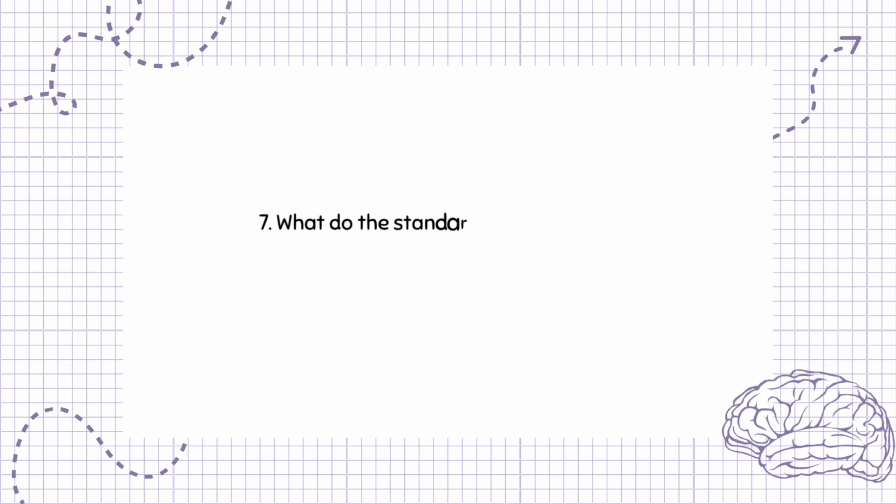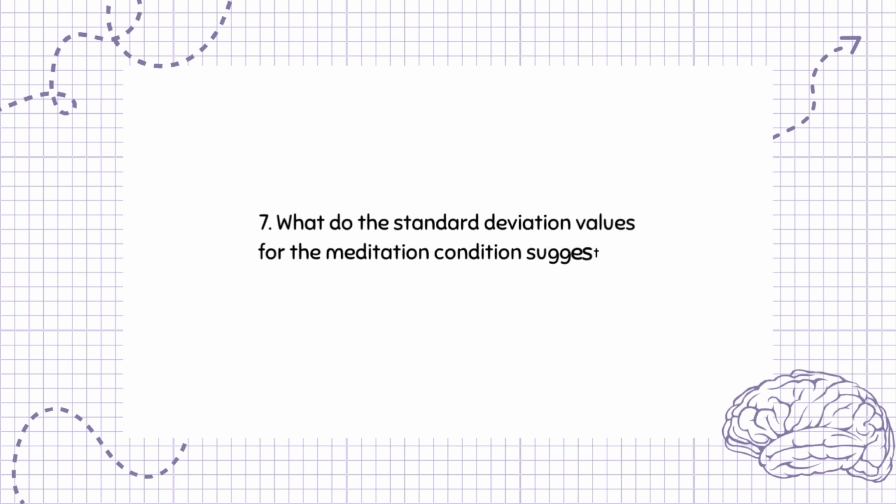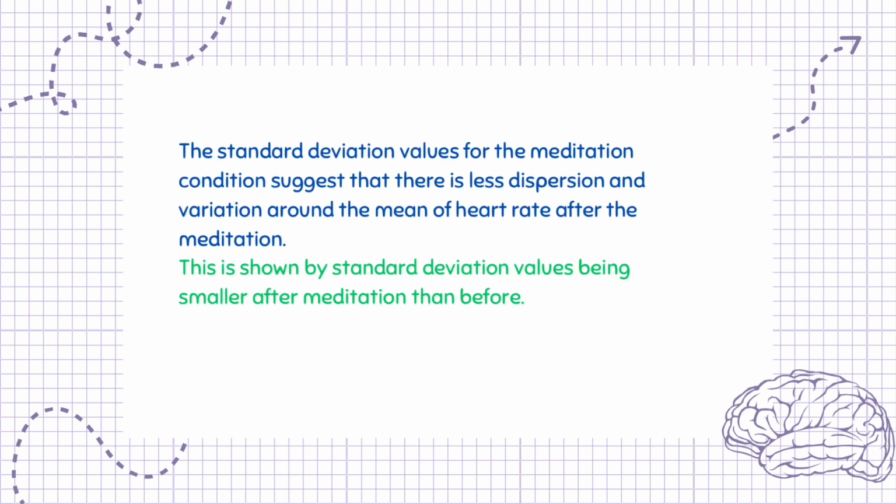Question 7. What do the standard deviation values for the meditation condition suggest? Justify your answer. 2 marks. The standard deviation values for the meditation condition suggest that there is less dispersion and variation around the mean of heart rate after the meditation. This is shown by standard deviation values being smaller after meditation than before.